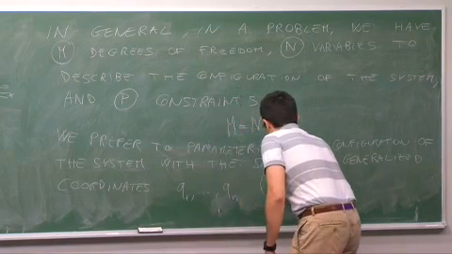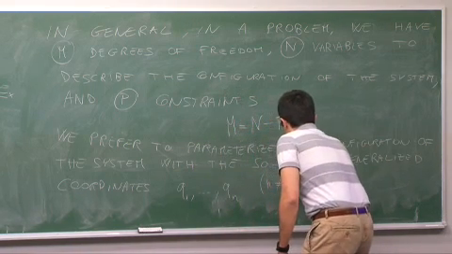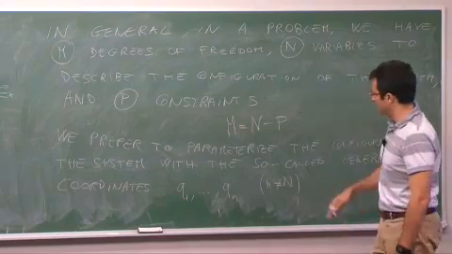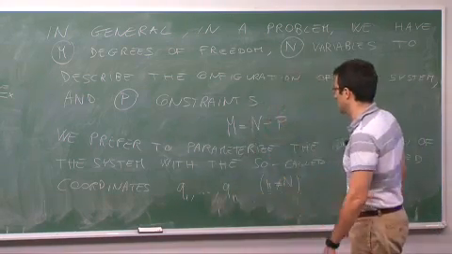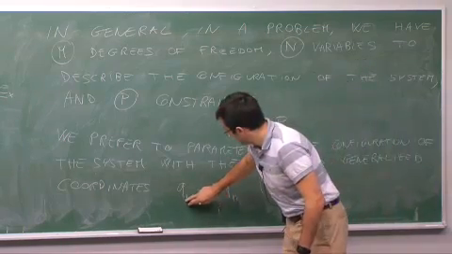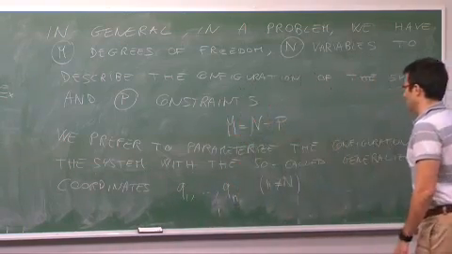And this is in general different from big N. Now there is a temptation to say, okay, this n should be equal to the number of degrees of freedom. It doesn't have to be. But this is in general.